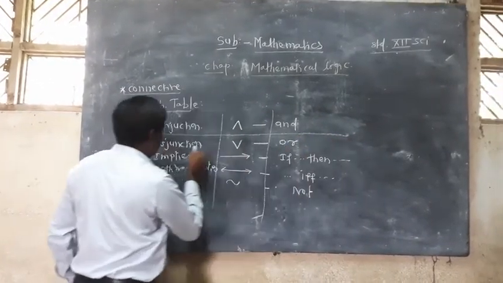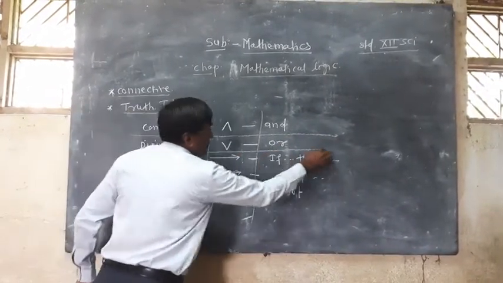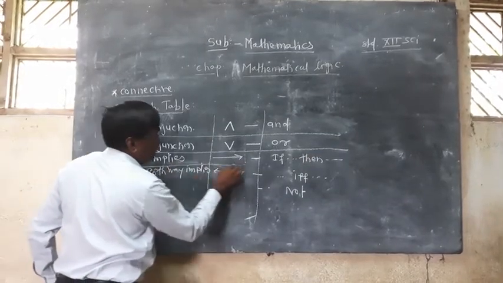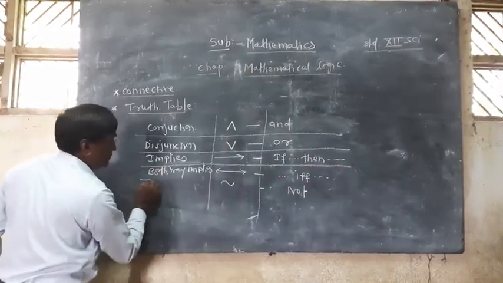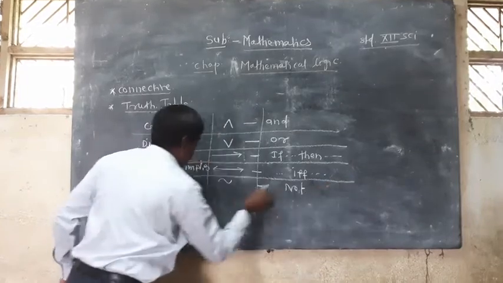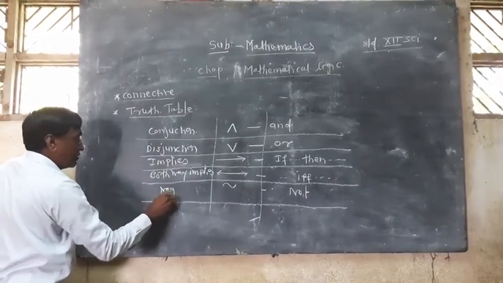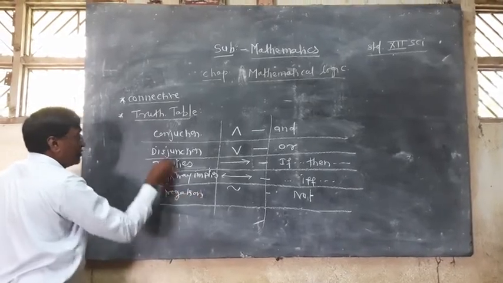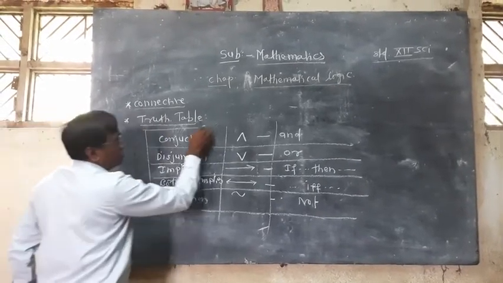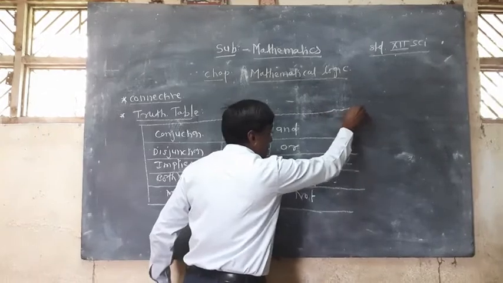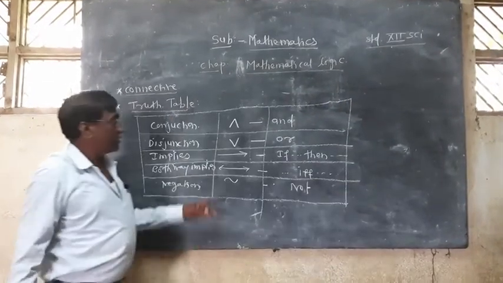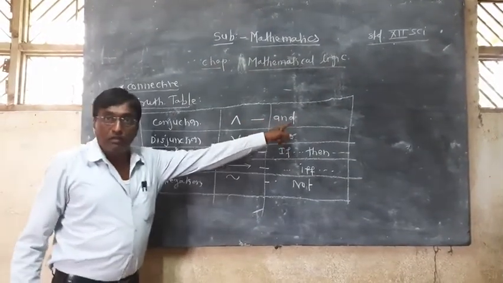And the last one will be the negation. So these are the 5 connectives and their symbols and their words.